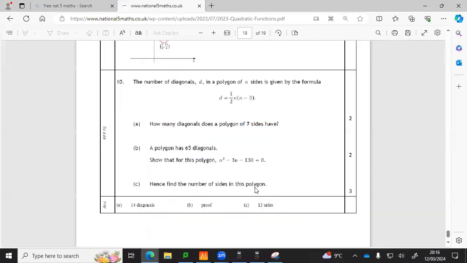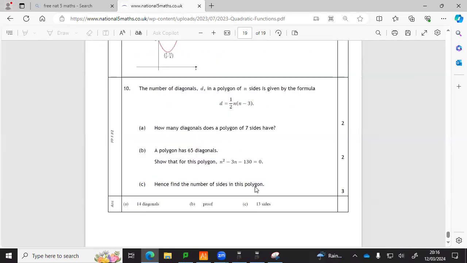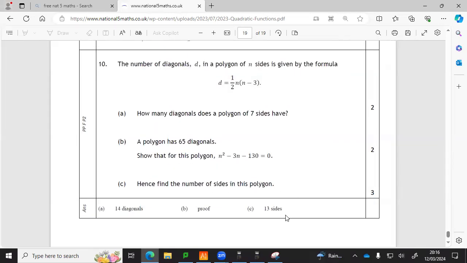A question. Number of diagonals. That's obscure.